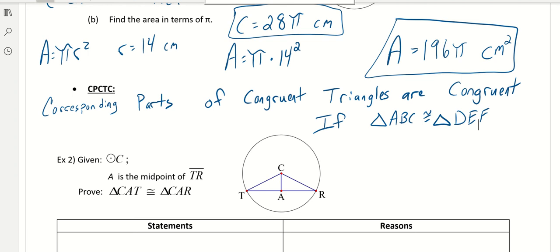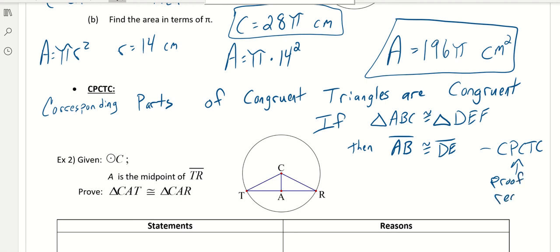One is, I'll just say then, segment AB must have the same length, or it's congruent to segment DE. AB is congruent to DE. How do we know that? Well, because corresponding parts of congruent triangles are congruent. This would be a reason in a proof.